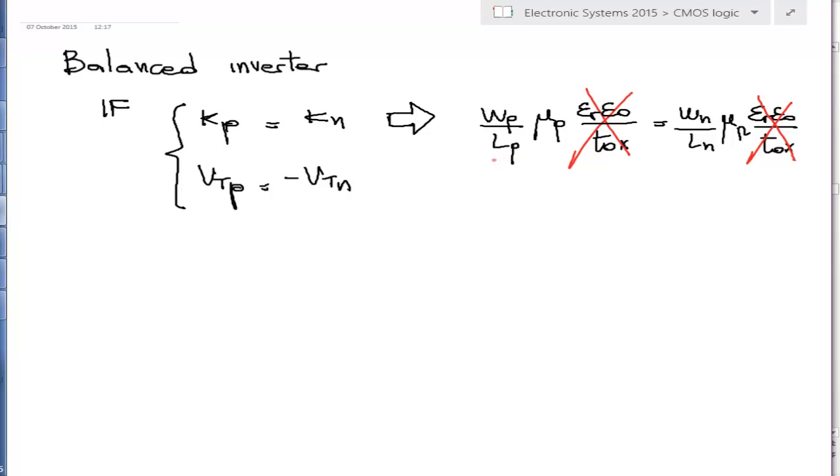Because typically it's very convenient for us to use the same L, and this is typically the minimum L allowed by the process. For several reasons, and the main two reasons are power consumption and speed, we need to use the lowest possible L in digital logic. So we keep these two quantities equal, and therefore we use Wp times mu P equal to Wn times mu N.